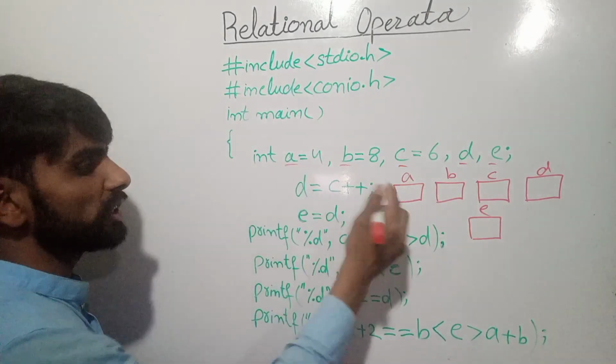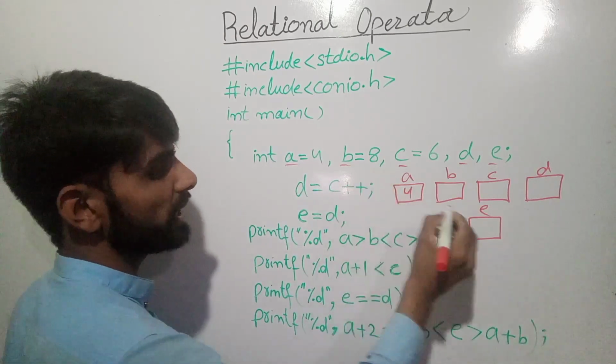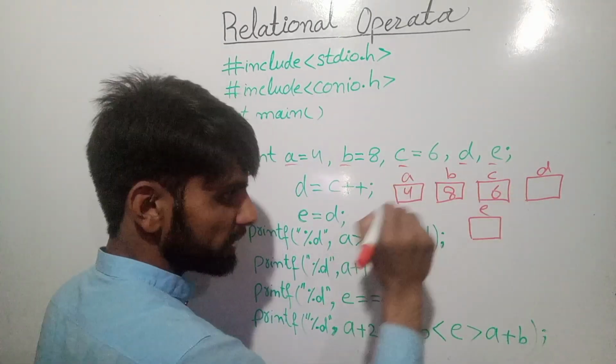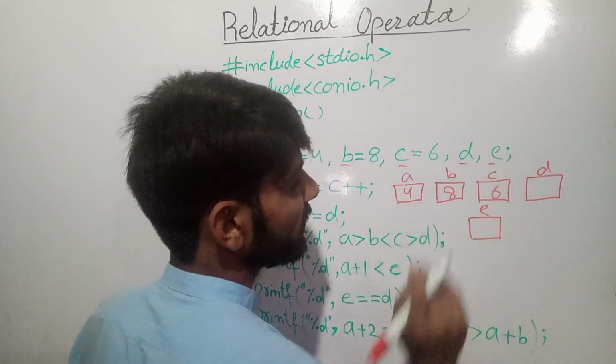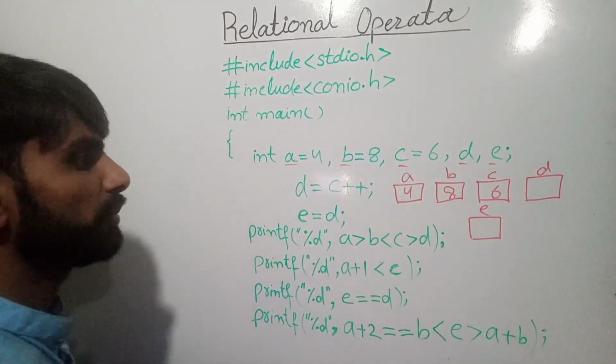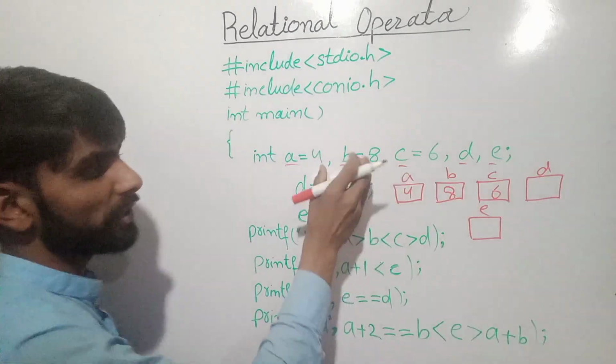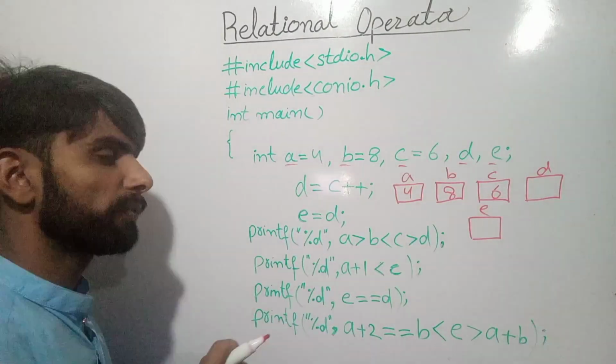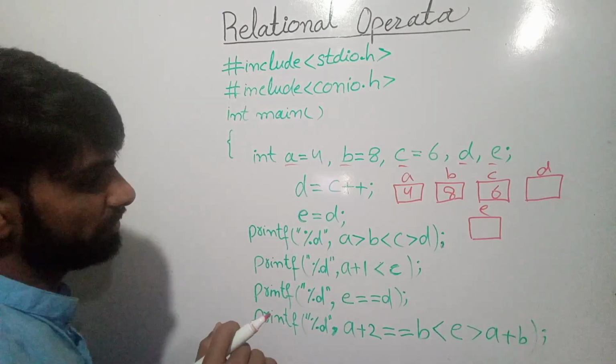A is equal to 4, b equal to 8 and c equal to 6, right? And d and e are empty, because we will perform the operations on these values and get the values from them, right?